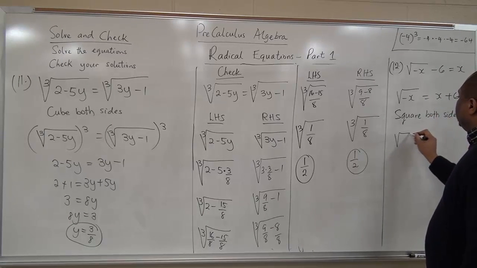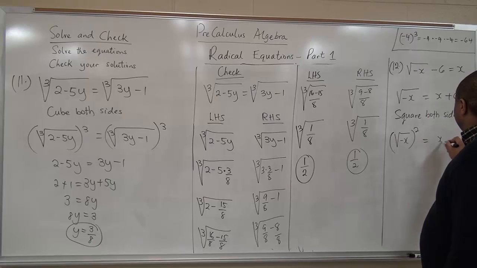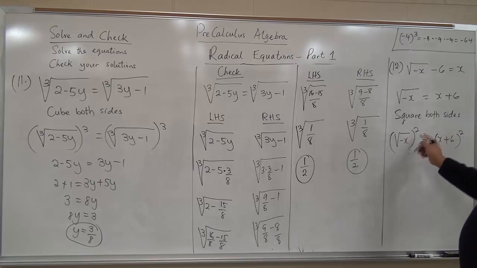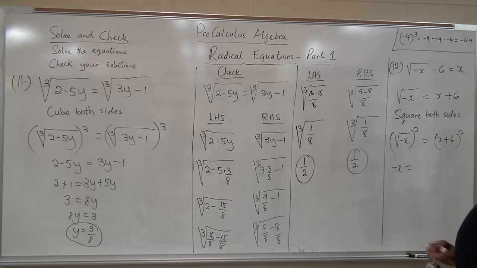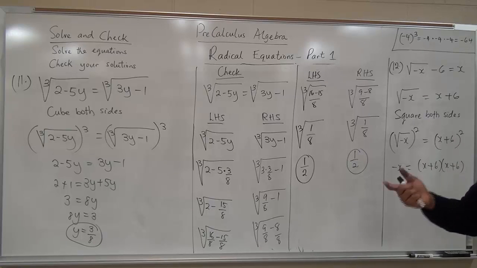And when you do that, square root of negative x all squared equal to x plus 6 all squared. This gives us negative x right away equal to, of course, you need to view my video on polynomials, multiplying binomials, and then equations I talked about.